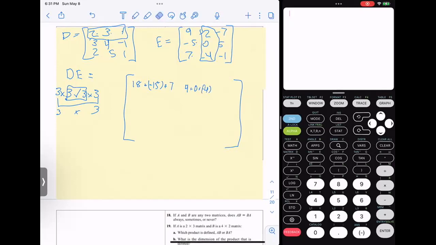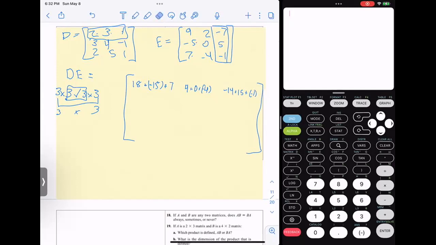Then lastly, to find the end of this first row, we have the first row times the third column, because that's the value we want to find over here. So we have negative 7 times 2, which is negative 14, plus 3 times 5, which is 15, plus 1 times negative 1, which is negative 1.